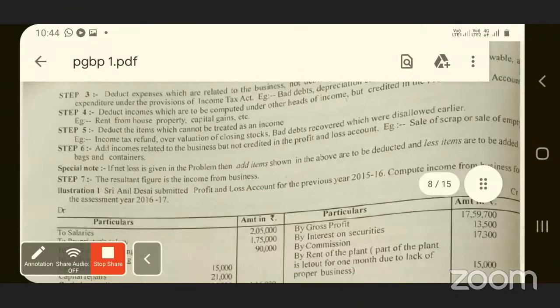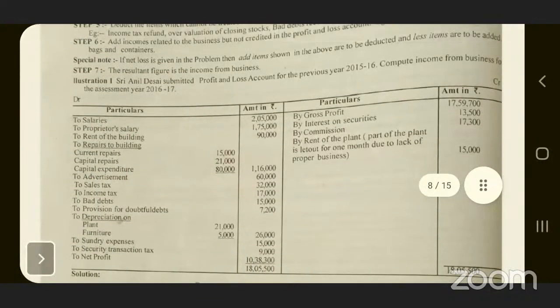Let us see one small example for computation of profit or loss from business or profession. Here, Mr. Anil Desai submitted profit and loss account for the previous year, and he's asking us to compute income from business. So let us see the items of profit and loss account and observe debit and credit sides.